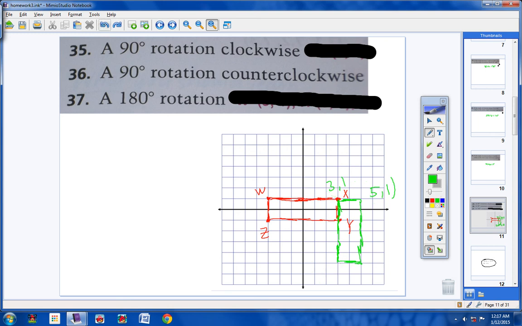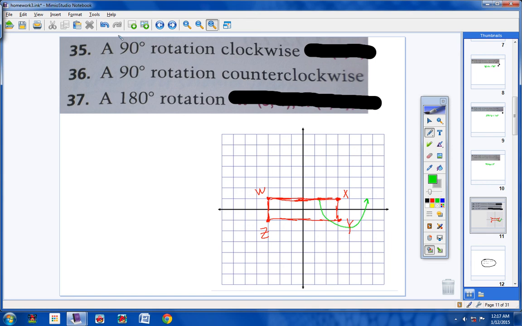We're going to rotate it 180 degrees. Alright, so 180 degree rotation, and we're rotating it on X. So we start here. We're going to rotate this here all the way through to right here, 180 degrees.